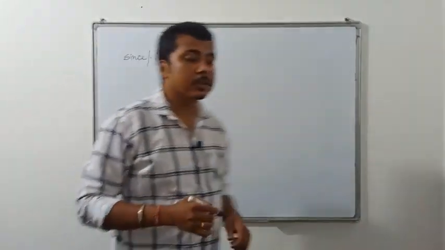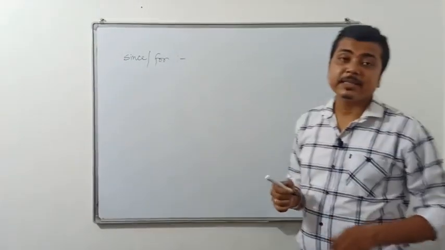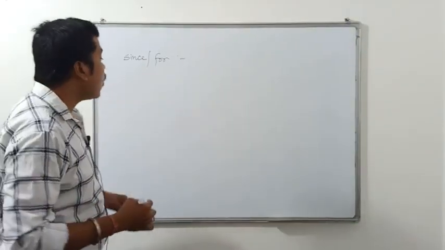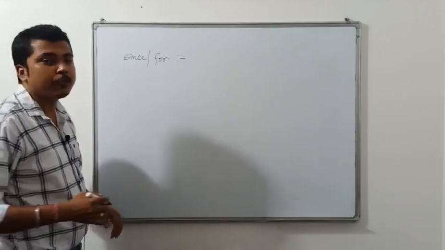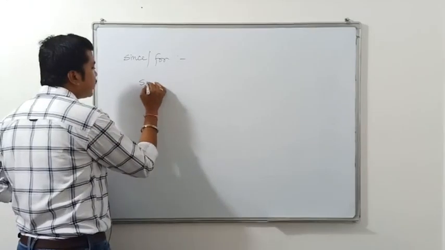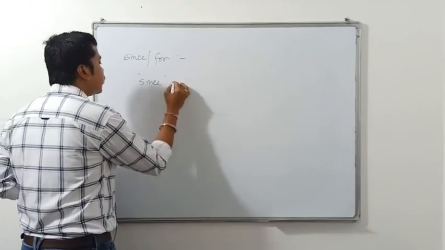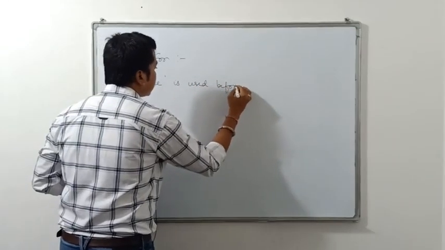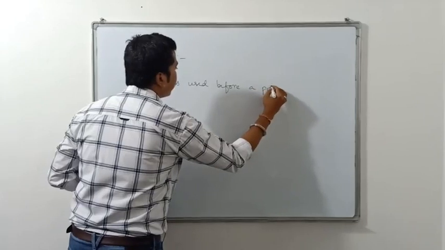Let us see about these two words, since and for. We get in various sentences. Okay, now when to use since and when to use for. Do not get confused, it is very easy. Since is used before a point of time.